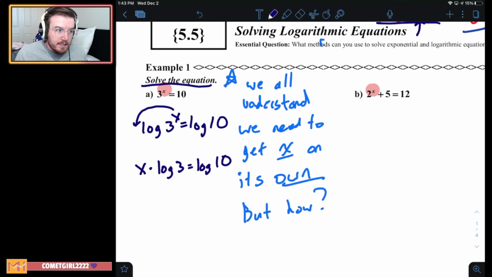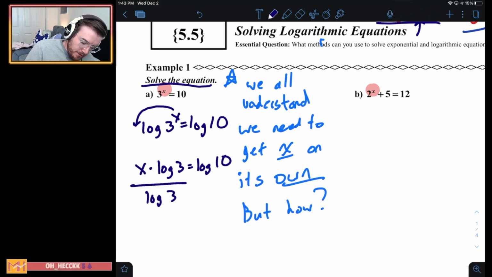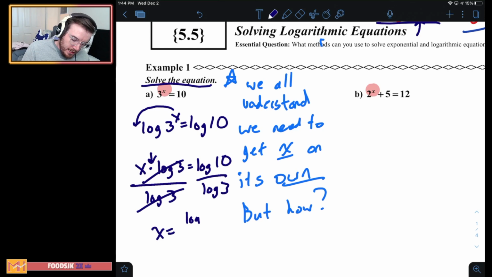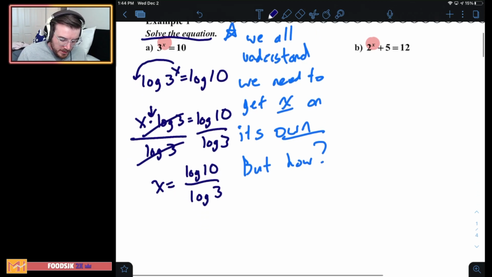And then to get x on its own, I can simply divide, let me write it out. I can divide by log of 3 to each side, because this is x times log 3. So to get rid of it, I'm going to divide. And whatever I do to one side, I of course do to the other side. And my final answer here is log of 10 divided by log of 3.